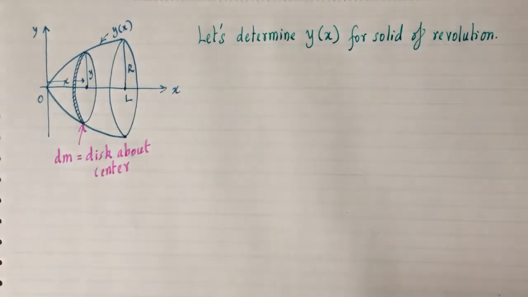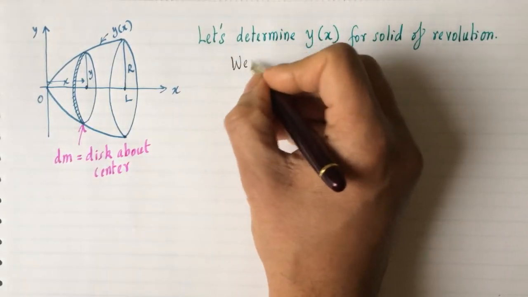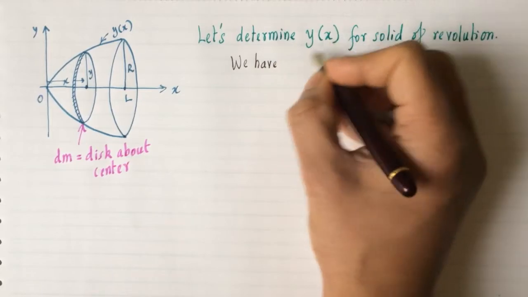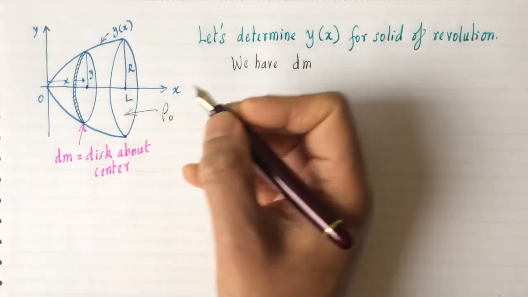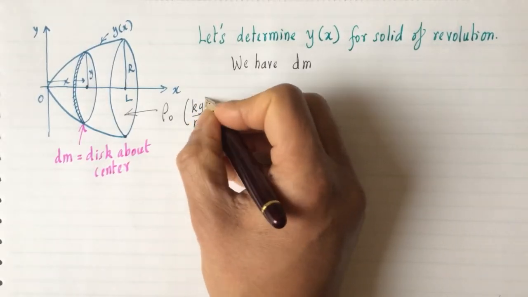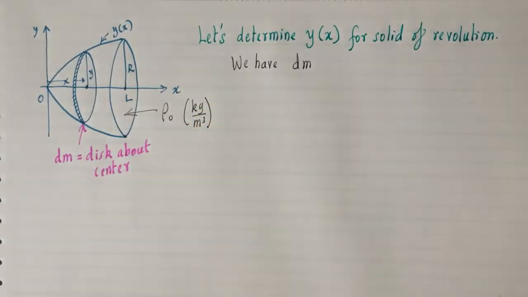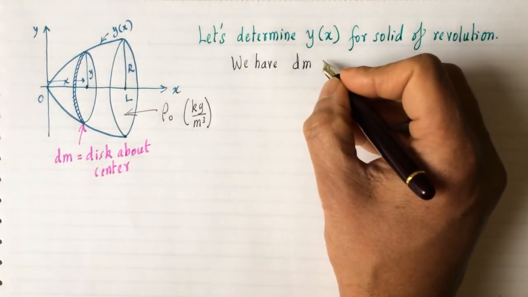This time we're going to do the 3D perspective. So for the 3D case, dm is determined by a volume density rho naught whose units are kg per meter cubed. If it's aluminum, it's going to be something like 2.7 grams per cc. That's what rho naught is going to be.